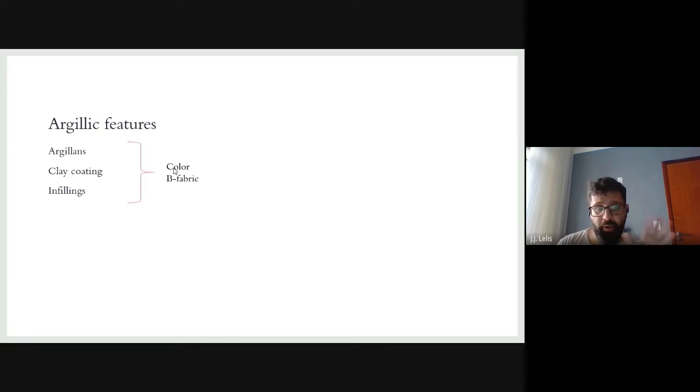Okay, and the color of these materials could change. So we need to see other features to relate with this specific change, or if they preserve the initial condition that formed that horizon or that layer.